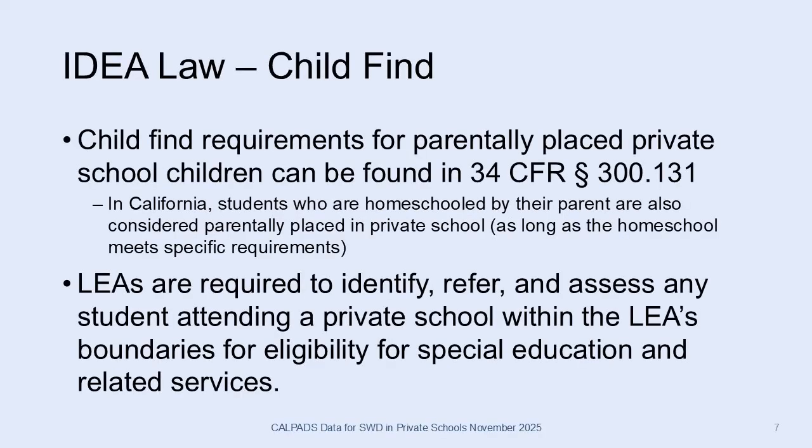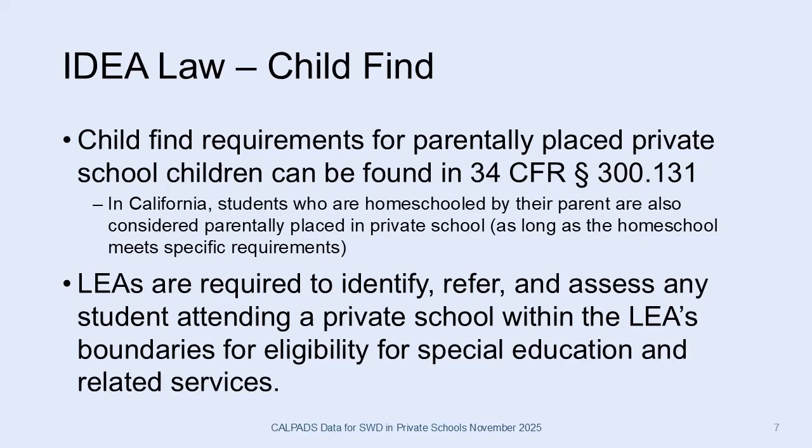All right, so first let's get into IDEA law and guidance. Specifically, 34 Code of Federal Regulations, section 300.131 is the IDEA code section that references child find requirements for students who are parentally placed in private schools.